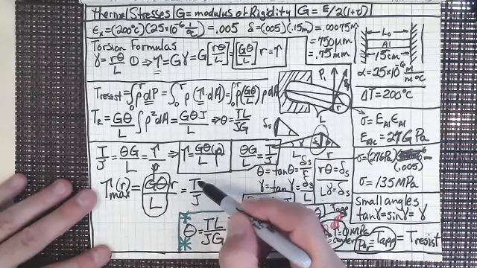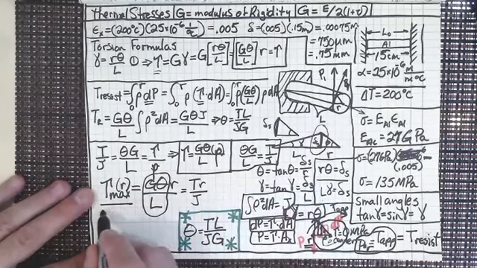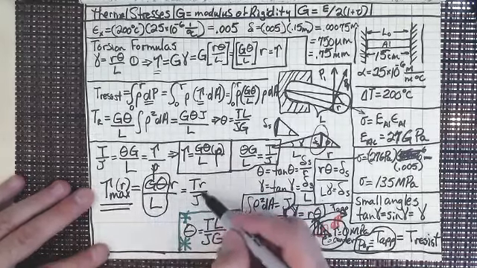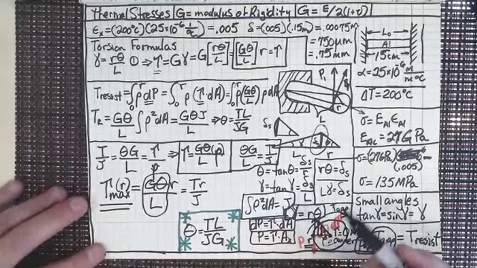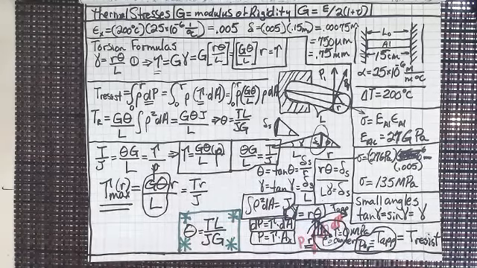T over J, and then R. R is still by itself. So maximum shear stress is going to be TR over J. If I wanted to find the shear stress at any point along here, it would be T times rho over J. So this is our second torsion equation.